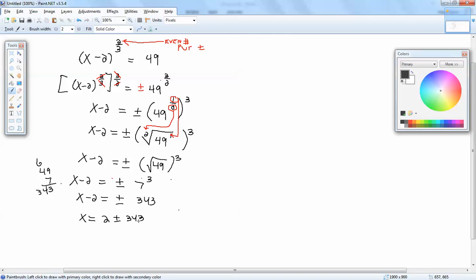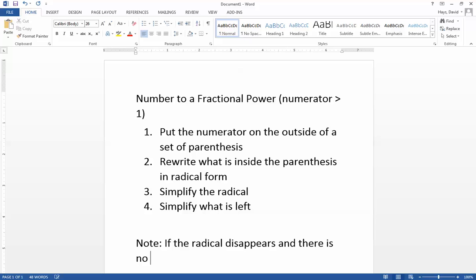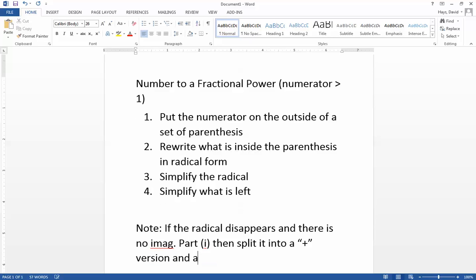Now we've got another note. Instead of just saying it, let me type it up. It says, and this applies anytime we have a radical: if the radical disappears and there is no imaginary part, no i, then split it into a plus version and a minus version.